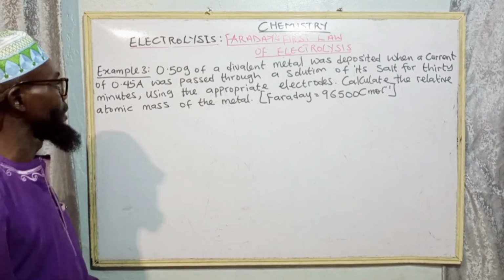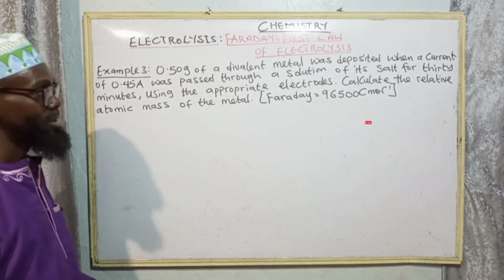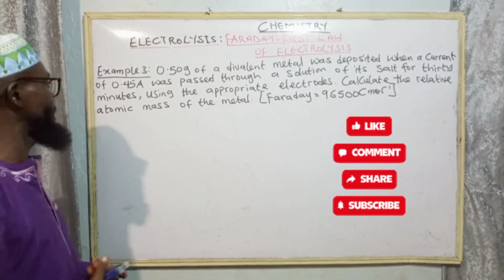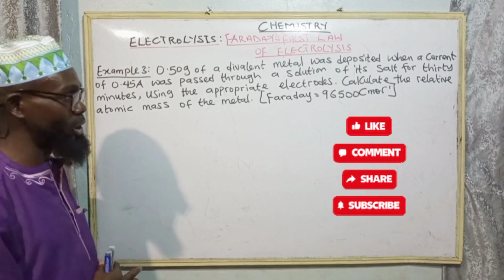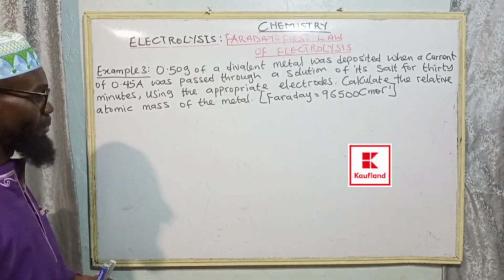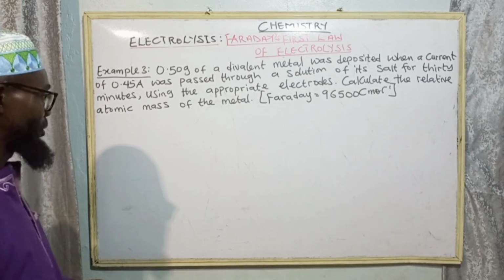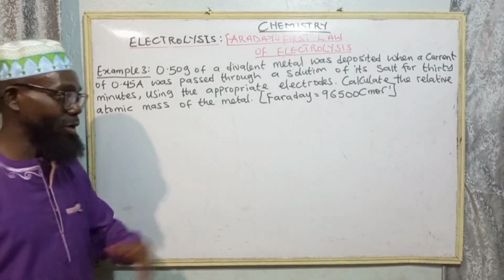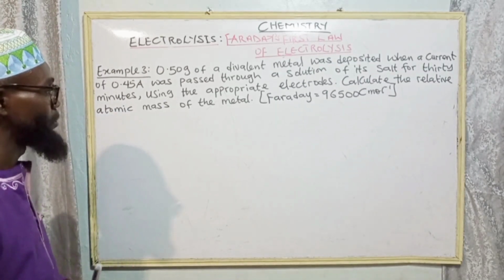Example 3. 0.50 grams of a divalent metal was deposited when a current of 0.45 ampere was passed through a solution of its salt for 30 minutes. Using the appropriate electrodes, calculate the relative atomic mass of the metal. 1 Faraday equals 96500 coulombs per mole.